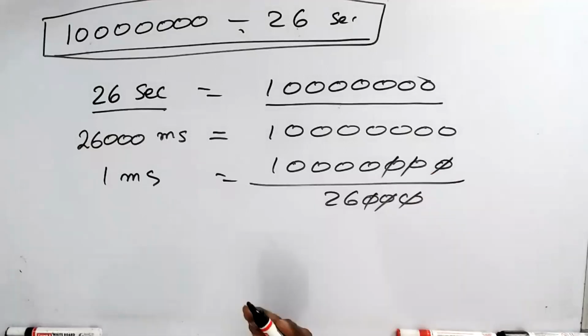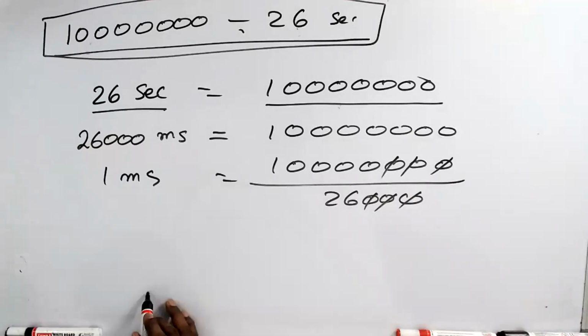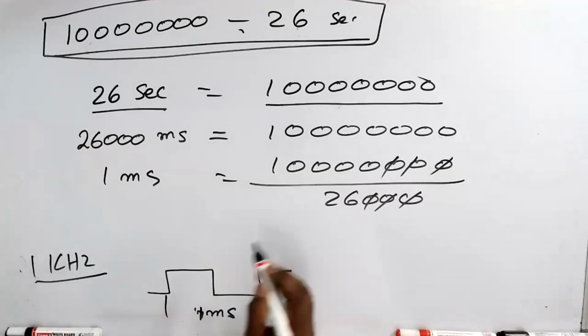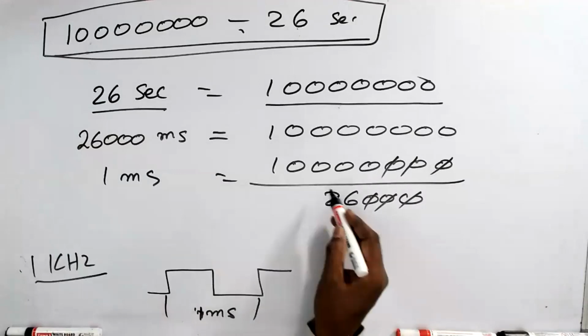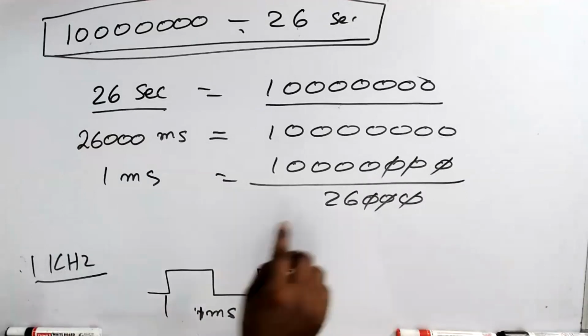That is what you wanted now. The pulse is 1 millisecond because of 1 kilohertz. See how I have come from the frequency. So what is 10,000 by 26? That's a value you should calculate. Let us take 25. That is easy. 10,000 by 25 is about how much? 400.